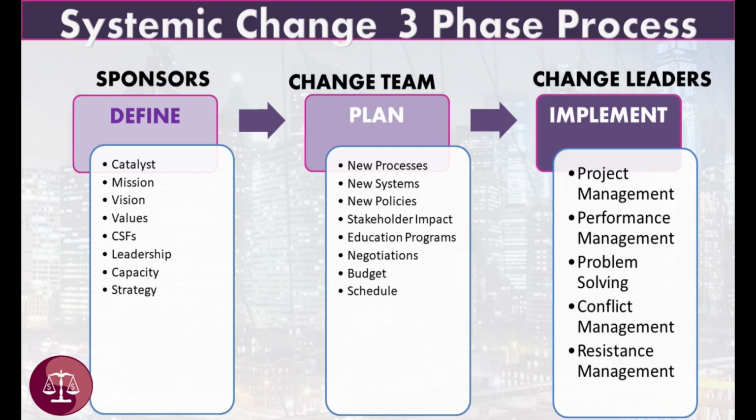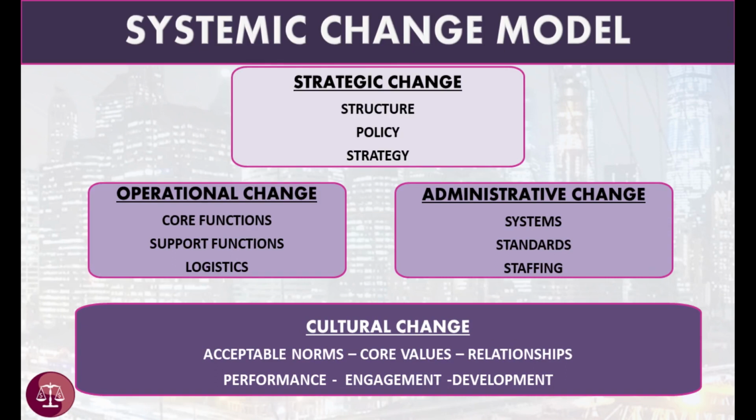Under the guidance of the change team, on-the-ground change leaders will execute the projects, programs, and activities needed to complete the transformation. The second illustration shows the four potential kinds of change and the types of projects and programs that may be necessary. This layout makes it easy to classify and track the progress of specific transformation projects.